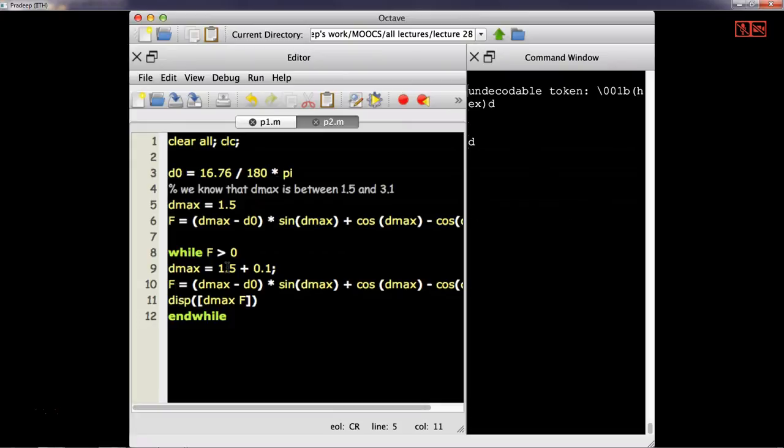Actually, this should be Dmax plus. Otherwise, the while loop will never end. I think the code is still running.